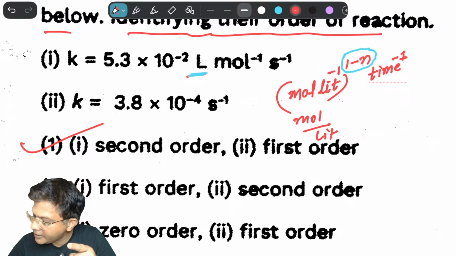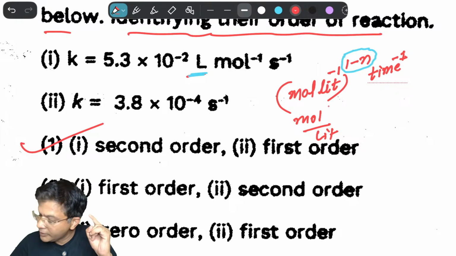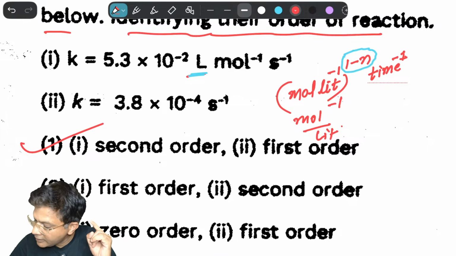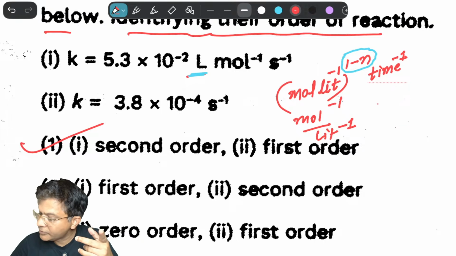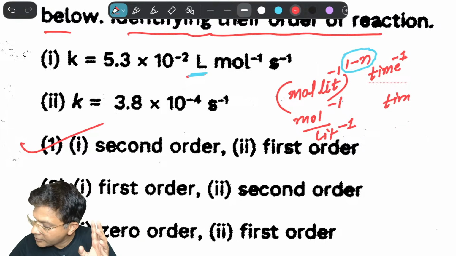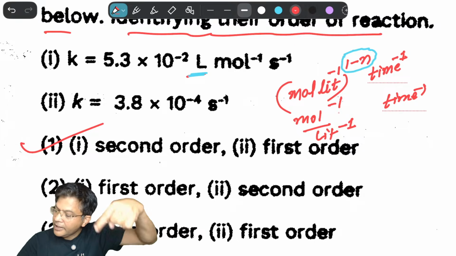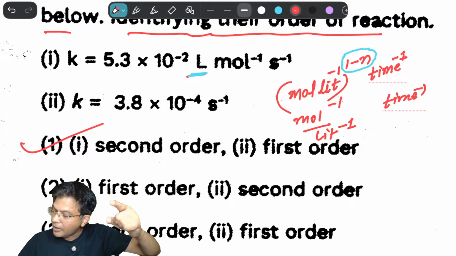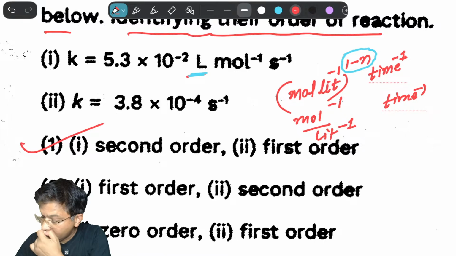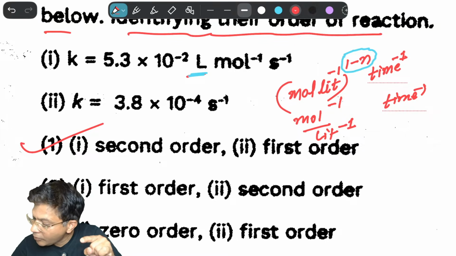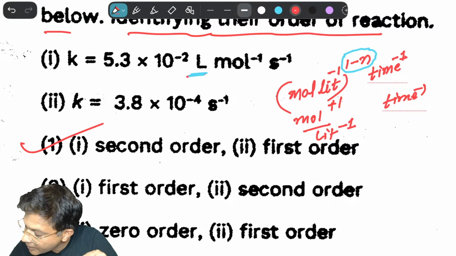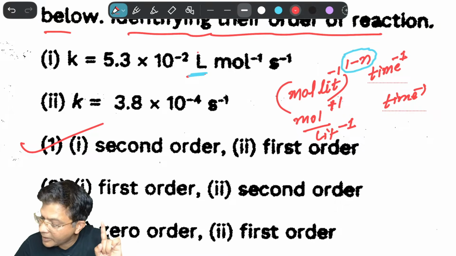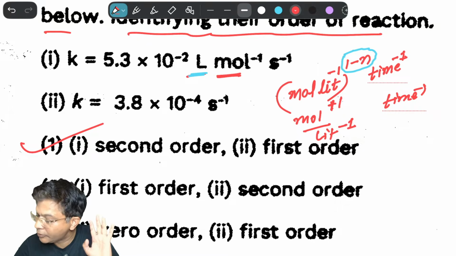Now 1 minus 2, definitely minus 1, so it will become minus 1, and below also it will become minus 1, am I right? And time inverse will remain time inverse. Now liter will become plus, and mole will become minus, and time inverse, so it is second.